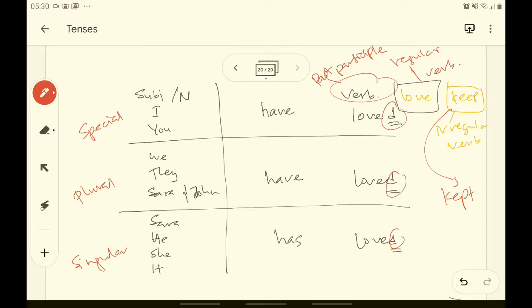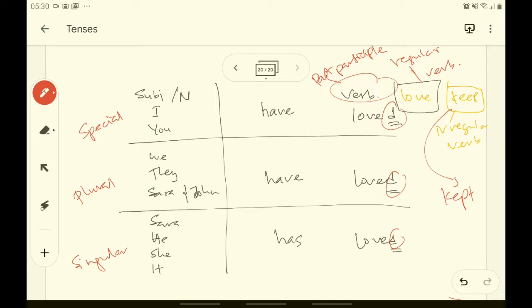Let's use the word keep. I have kept the secret. It means that you started keeping the secret from the past, and you are still keeping it. You have never let the cat out of the bag yet. I mean, you have never told anyone about the secret yet.